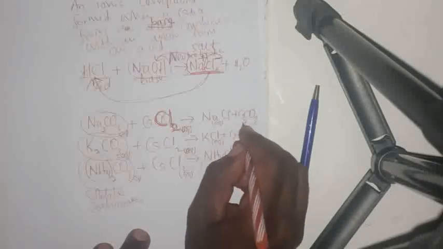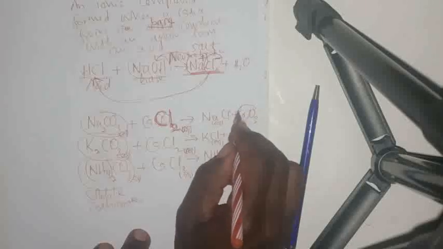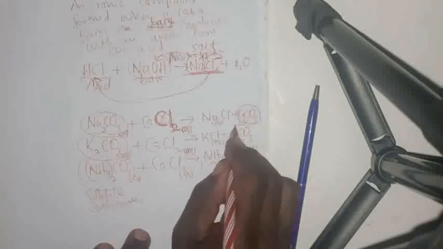Sodium chloride, potassium chloride, and ammonium chloride are also soluble in water, so they are aqueous. But calcium carbonate is a solid. So we shall say the calcium carbonate has been precipitated out. In other words, these reactions are called precipitation reactions.